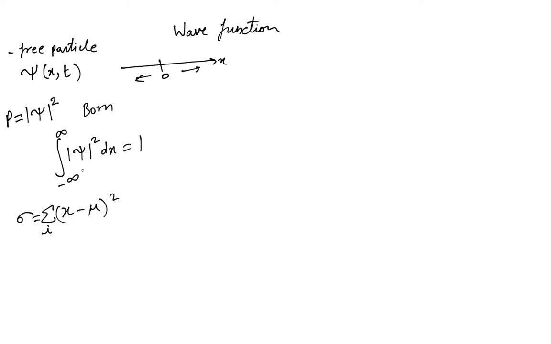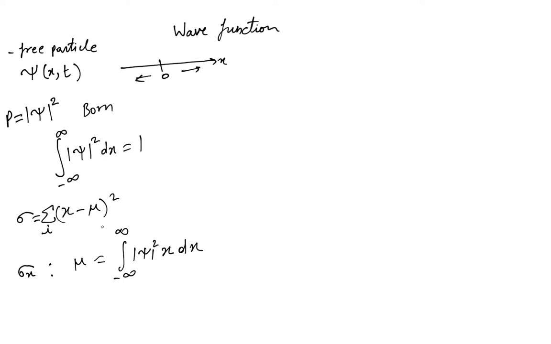Similarly, we can find the error in x, sigma x, using this wave function psi squared. In this case, mu will be given as the integral from minus infinity to infinity of x psi squared dx. This is mu.